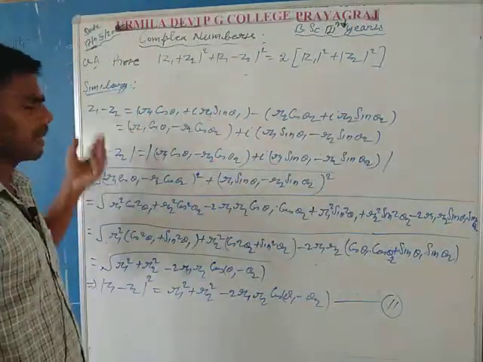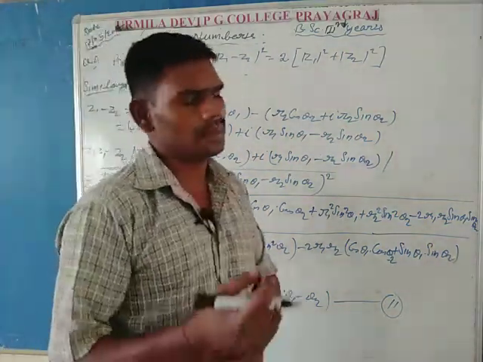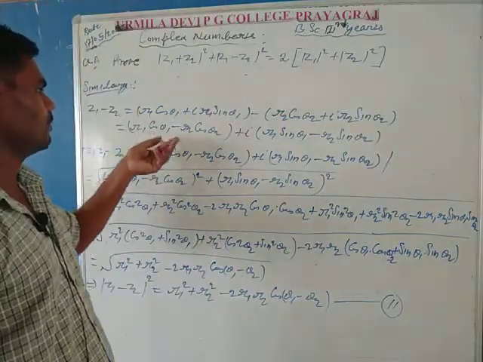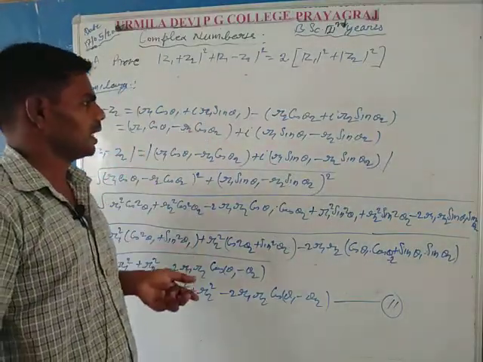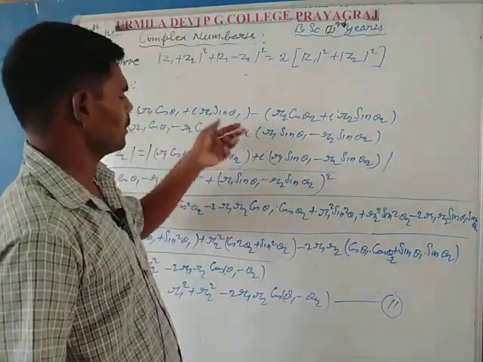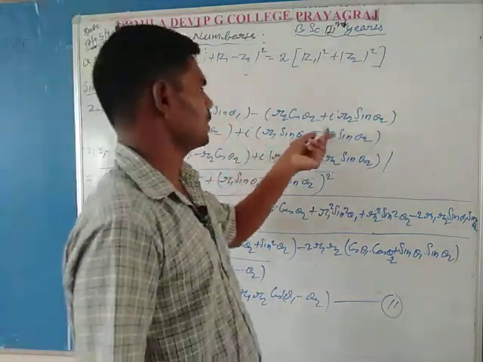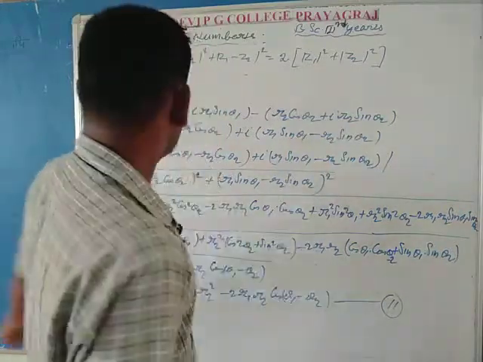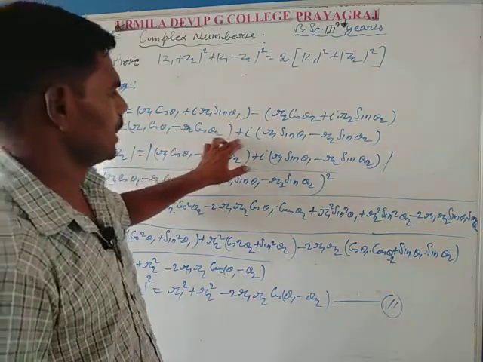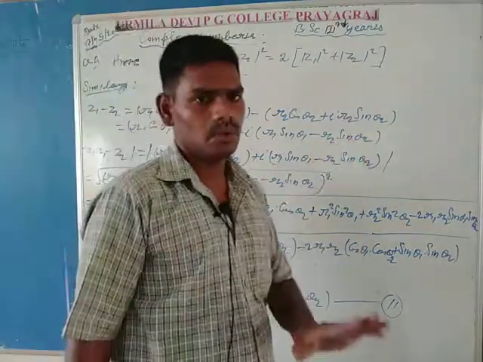Here, for the subtraction of two complex numbers Z1 minus Z2, by the rule of subtraction of complex numbers, subtract real with real, so R1 cos theta 1 minus R2 cos theta 2 in the first bracket, plus I times the subtraction of imaginary with imaginary, so R1 sin theta 1 minus R2 sin theta 2. Therefore Z1 minus Z2 is equal to R1 cos theta 1 minus R2 cos theta 2 plus I times, in the second bracket, R1 sin theta 1 minus R2 sin theta 2.